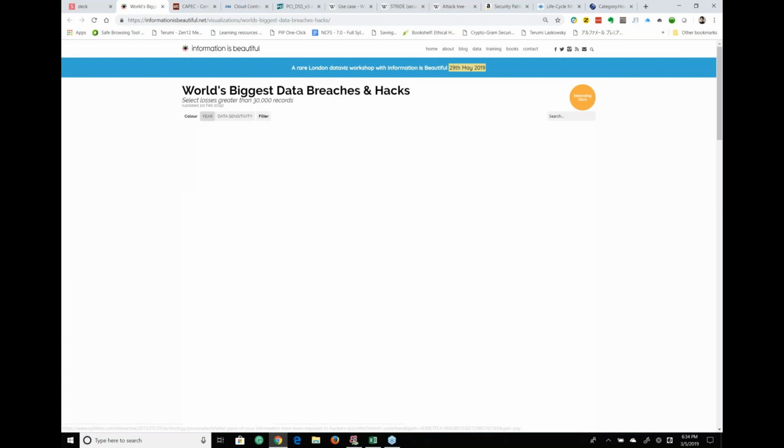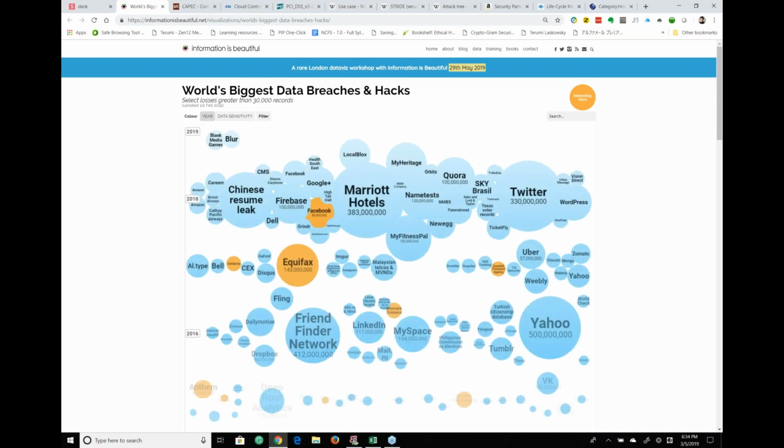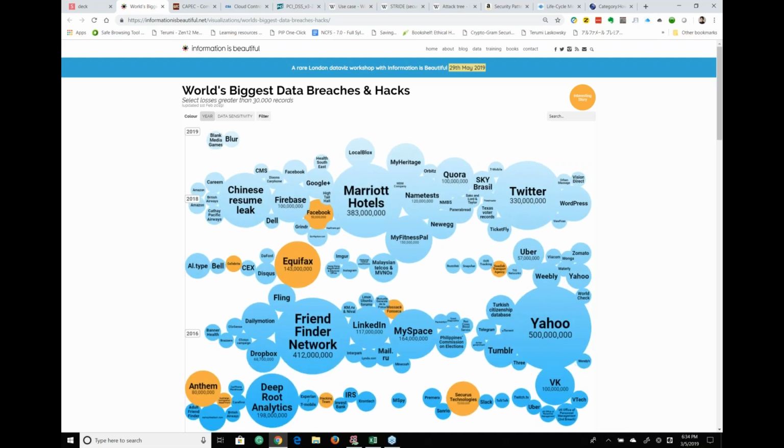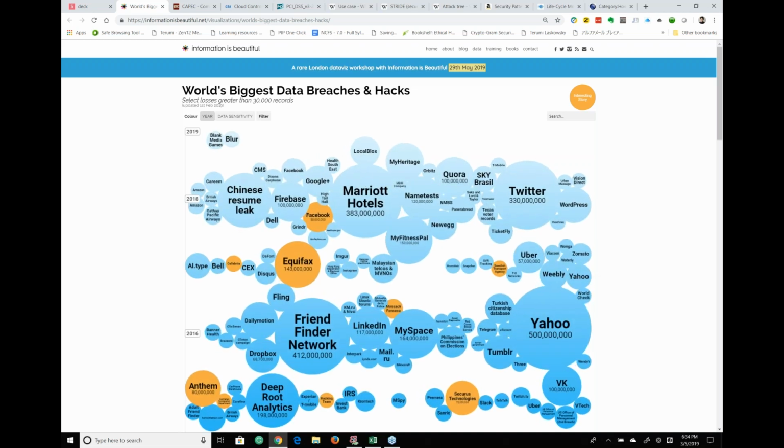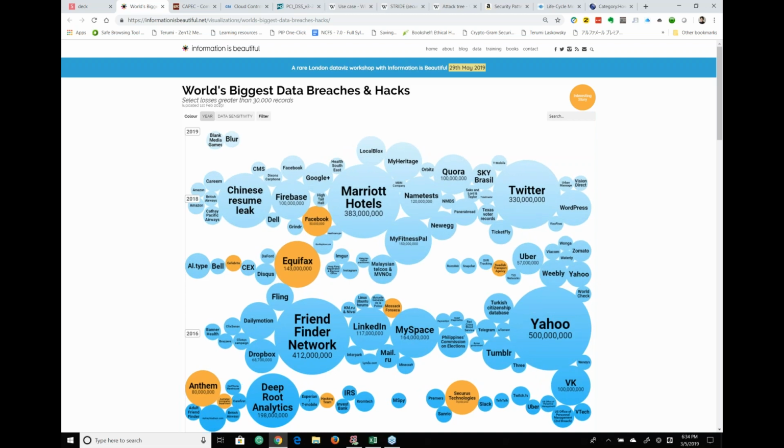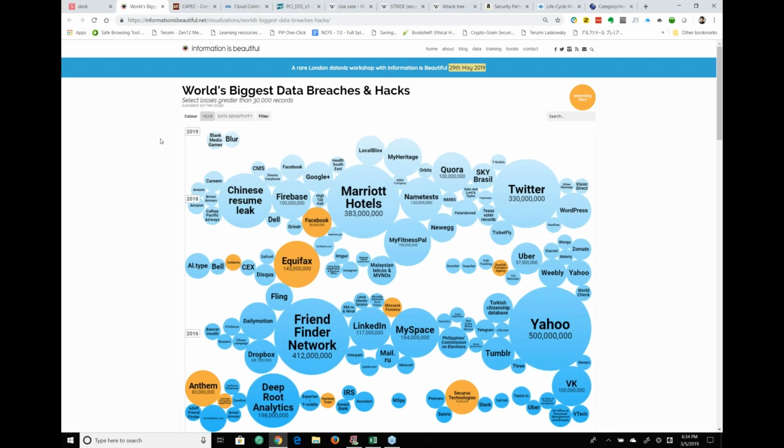And I think it's going to come up. So this is their visualization of the world's biggest data breaches and hacks. And they update this quite a bit. So I'm not sure if it's really up to the minute, but they do have some incidences on 2019 already.